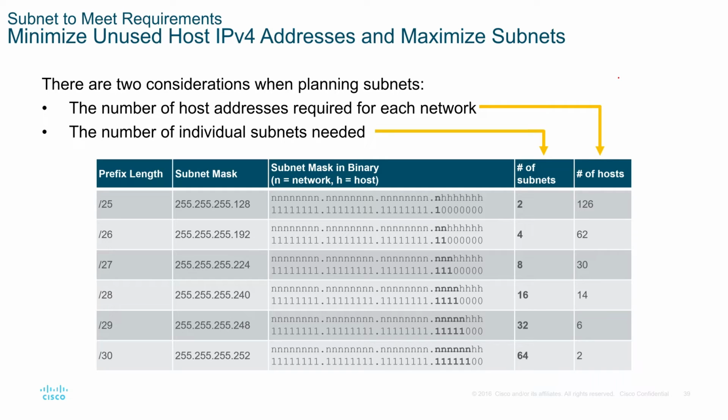When we are planning our subnets, as we've talked about, we need to determine the number of hosts the subnets need versus the number of networks that we need. So an analysis of our usage must be done.